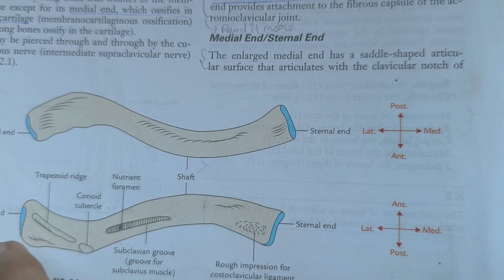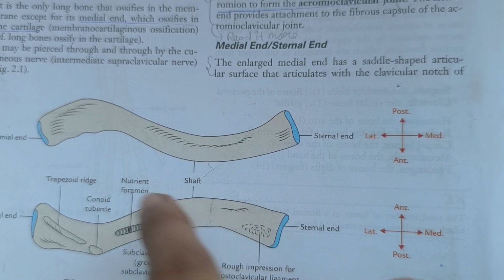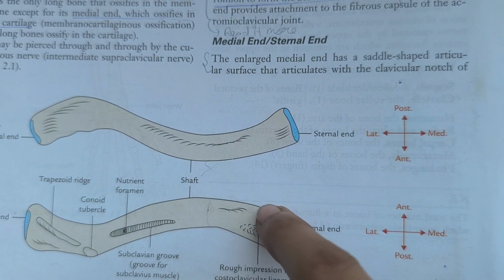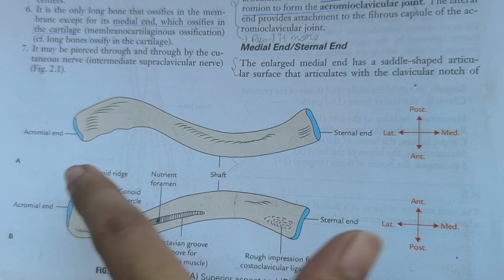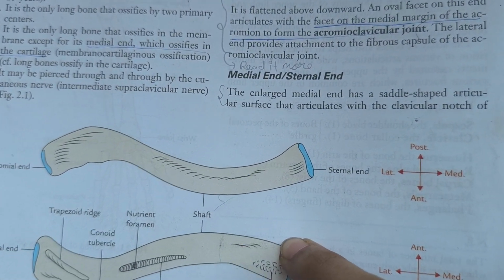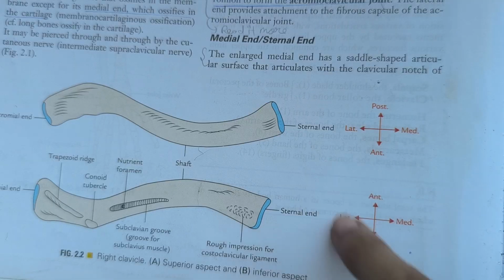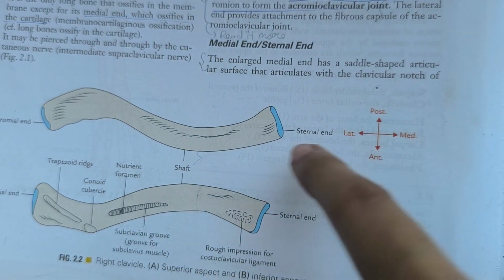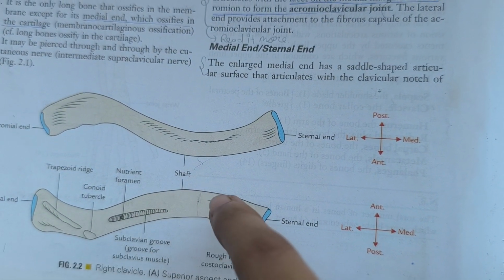Here we are considering this as the posterior side, this as the anterior side, this as the lateral and this as the medial aspect. Read this carefully to clear your confusions while reading the diagram.